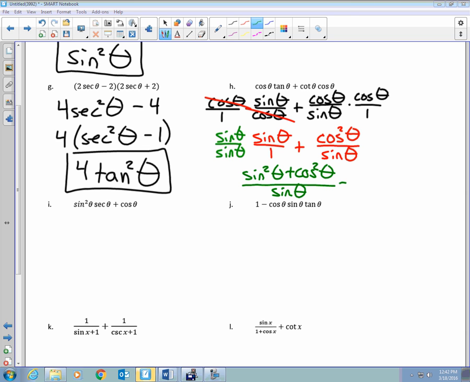What is sine squared plus cosine squared? 1! And 1 over sine is cosecant. Sweet!